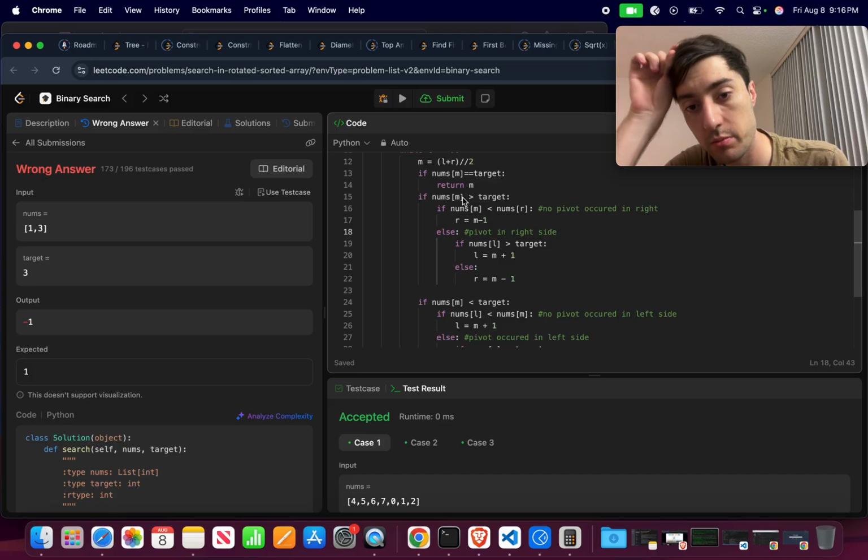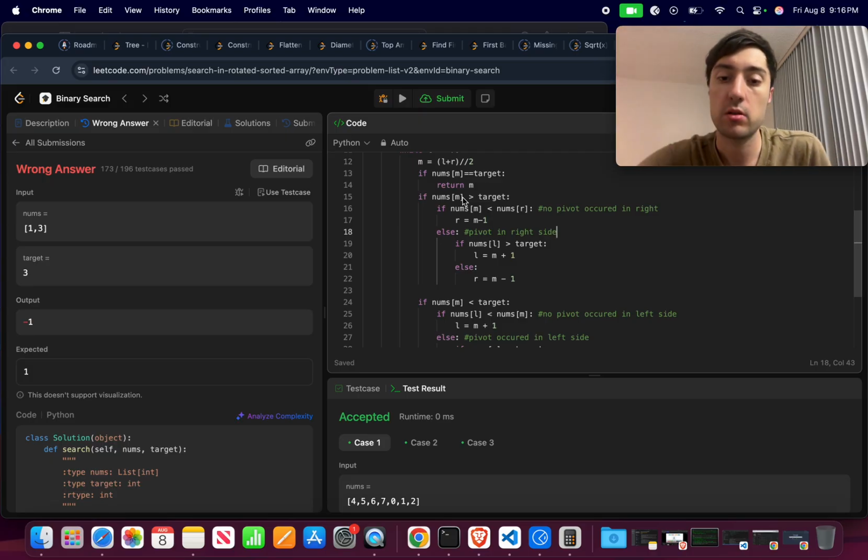It's bigger than target, so I get rid of it. Makes sense to me. And I've already checked the mid, so I can not consider that anymore.